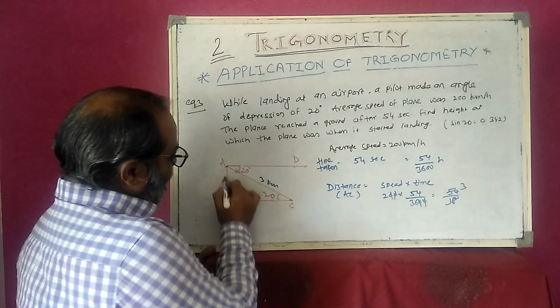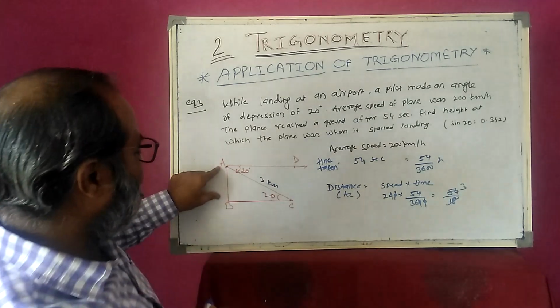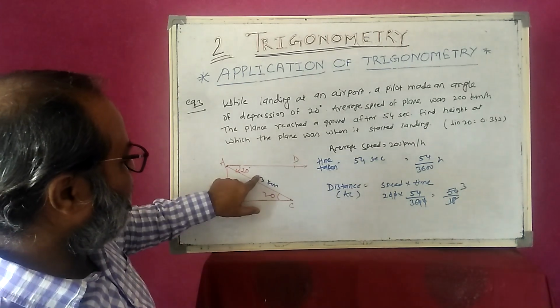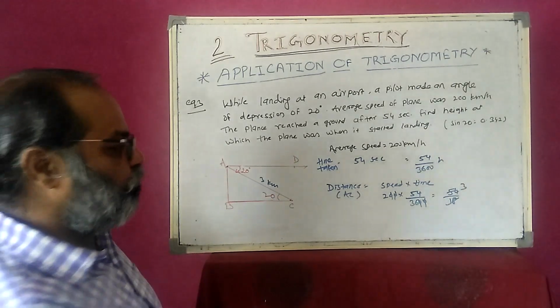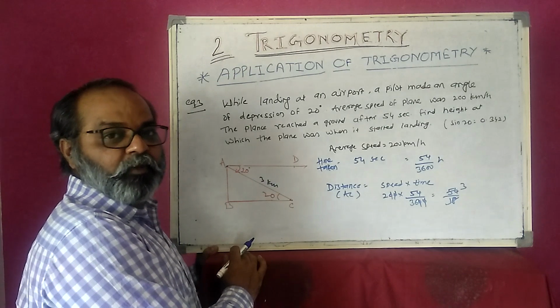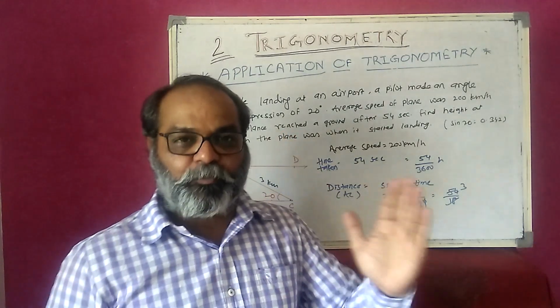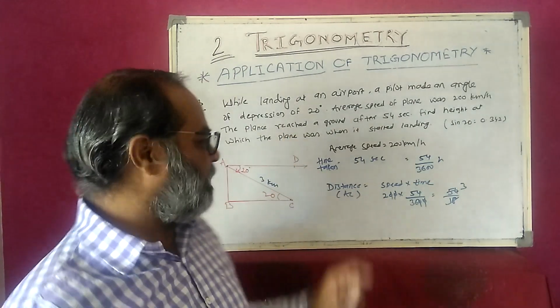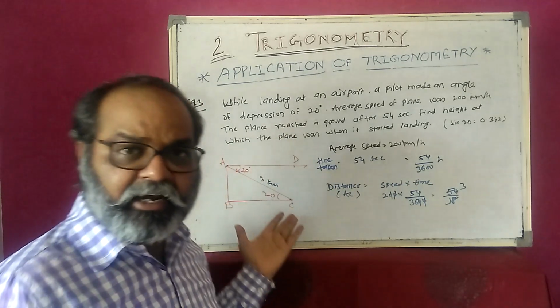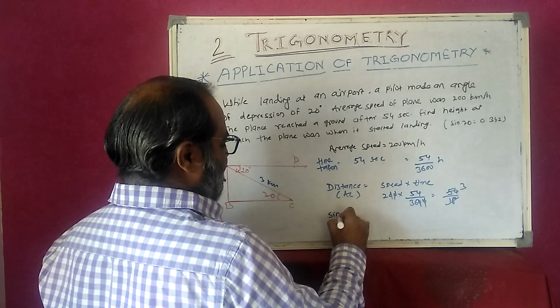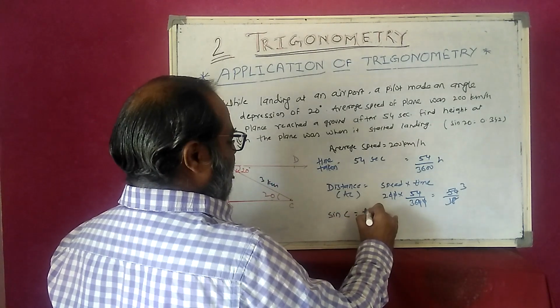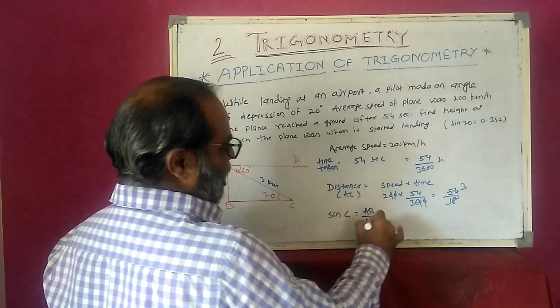Now I find the AB. The hypotenuse is given and the opposite side we want to find. That means we use the ratio sine, because sine theta is opposite side upon hypotenuse. The hypotenuse and angle are given, so we can find the opposite side. So sine C is AB, the opposite, upon the hypotenuse.